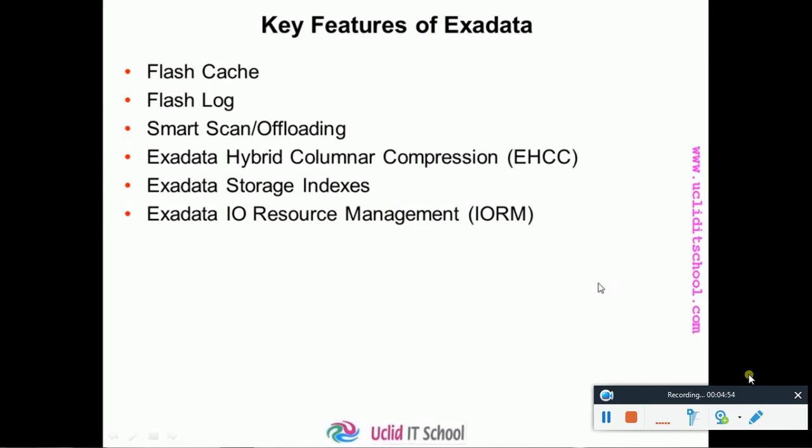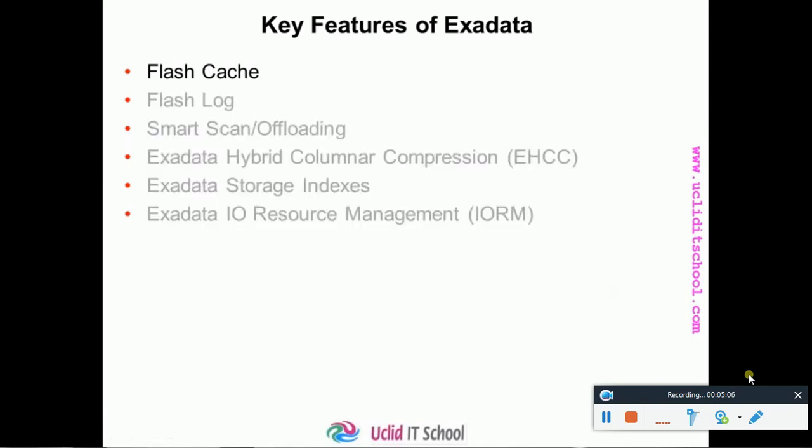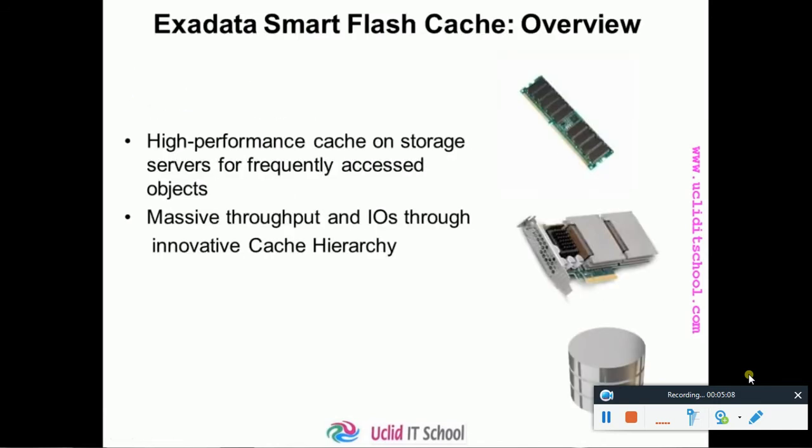So today we'll start with Flash Cache. We'll aim to finish Flash Cache and Flash Log. So first, Flash Cache. Flash Cache is a high performance cache on storage servers for frequently accessed objects.